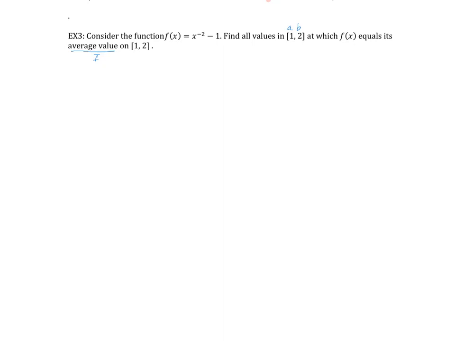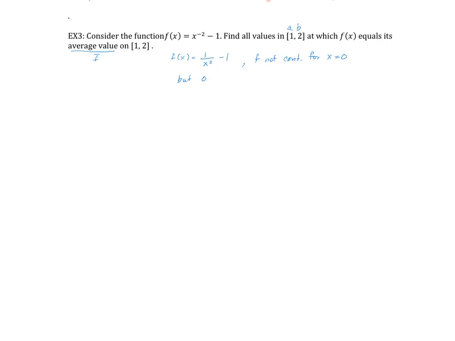Well, first of all, we have to check to see if our function is continuous. Notice that f of x is equal to 1 over x squared minus 1. So f is not continuous when x is equal to 0. However, 0 is not in the interval from 1 to 2.